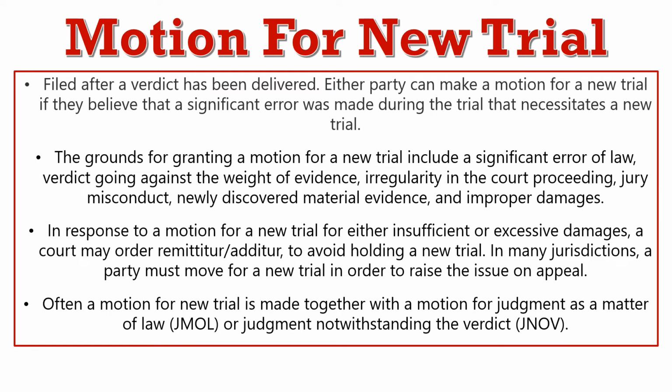So, the judgment notwithstanding the verdict is filed after a final verdict has been delivered after the trial, and a judgment as a matter of law is before the jury gets it.